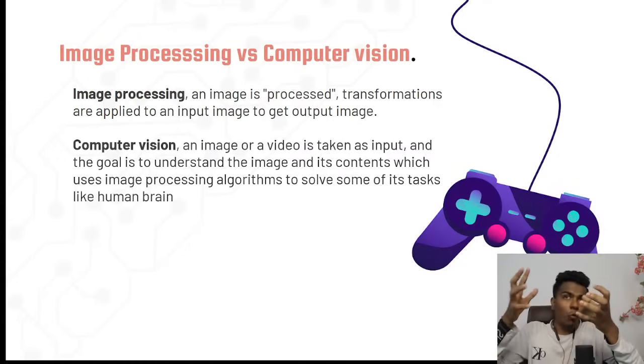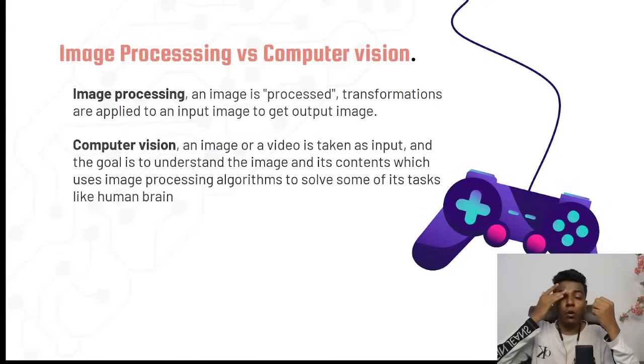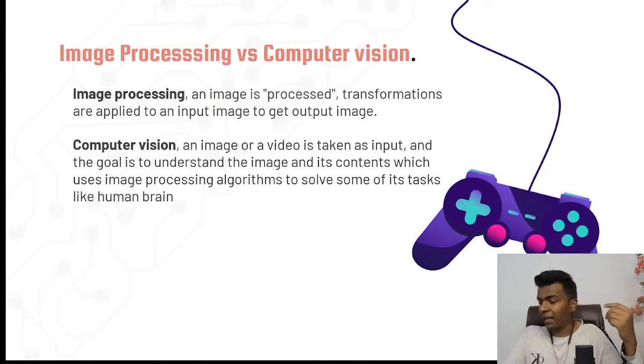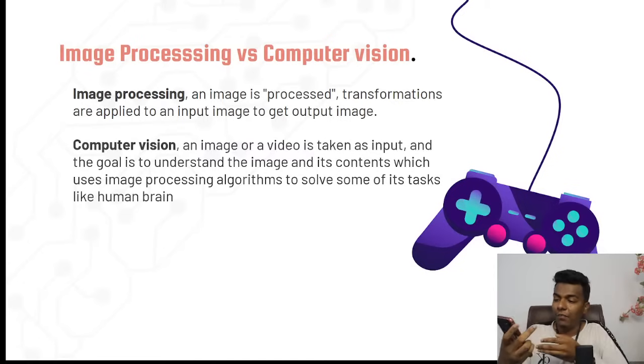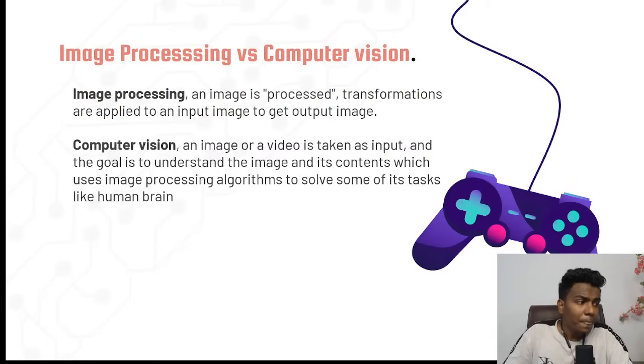If you want to extract and understand that image information, for example, if I show this mobile phone in front of the camera and my computer system identifies the symbol or the text present in it, or recognizes this is a mobile phone, this kind of next level process is known as computer vision, guys. That is the difference between image processing and computer vision. I hope you are clear with this.